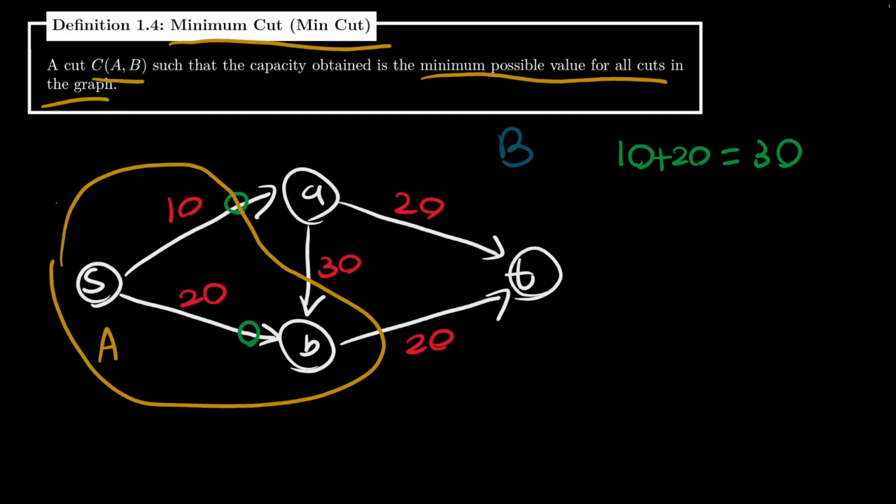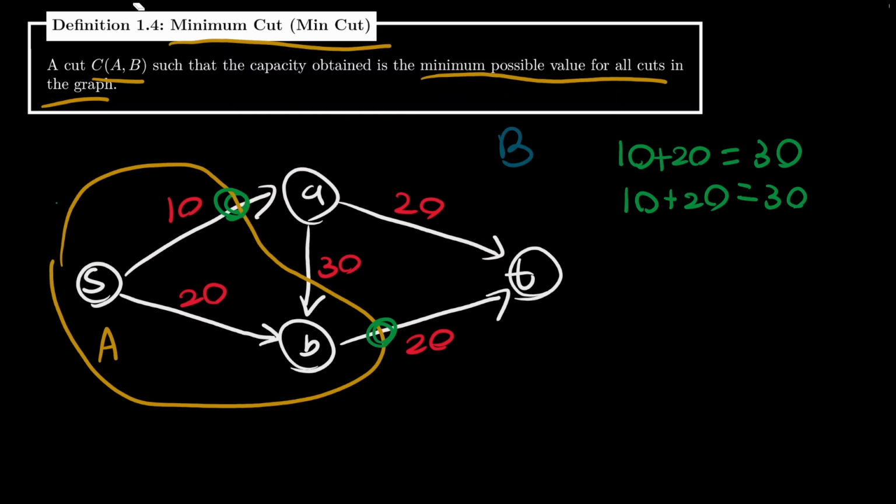These are in our cut set, but we're actually only concerned about edges from A going to B. So the only things we care about here are going to be 10 plus 20, these edges right here. This is also going to be 30.